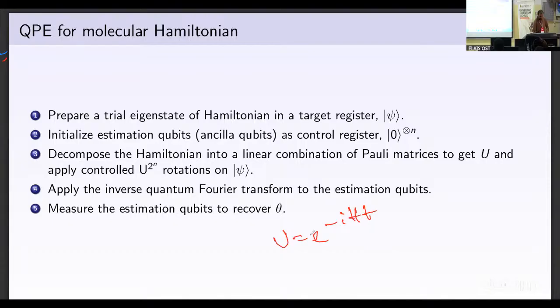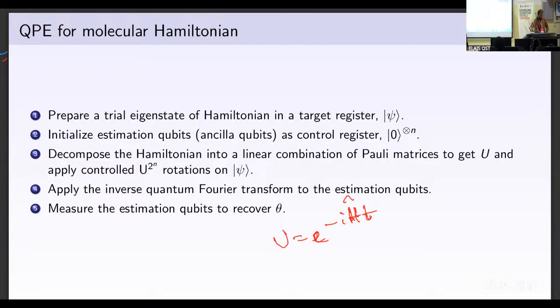So for a quantum chemistry problem, this becomes a unitary, where H is the Hamiltonian operator. Since the Hamiltonian is Hermitian, an exponential of a Hermitian operator is always a unitary operator. So we get the unitary as such.